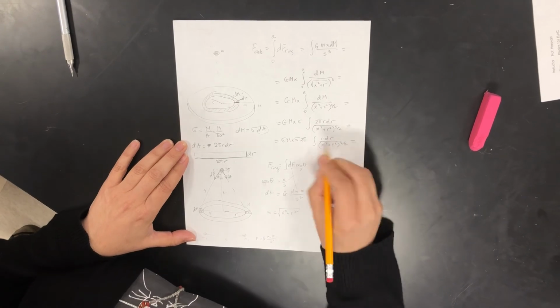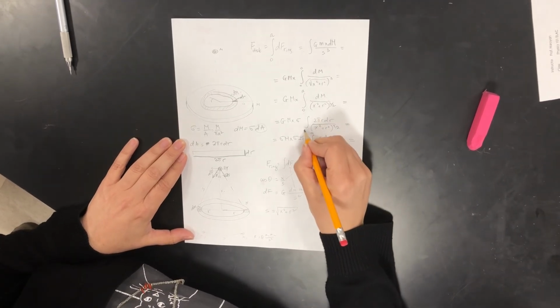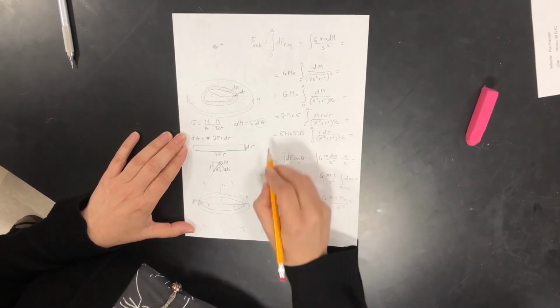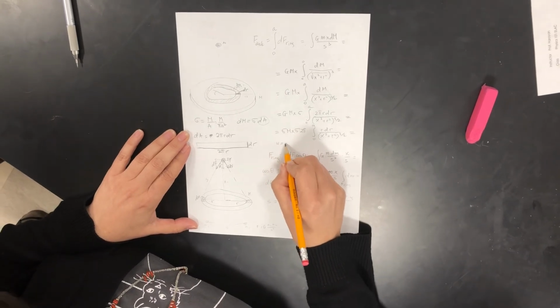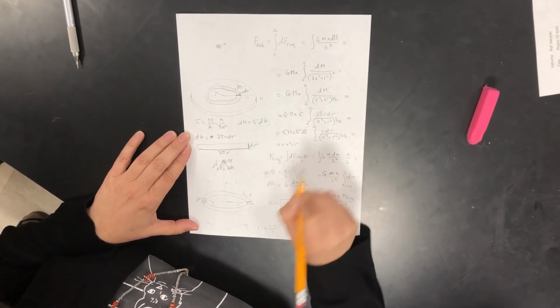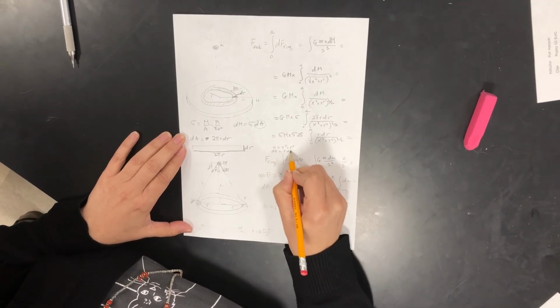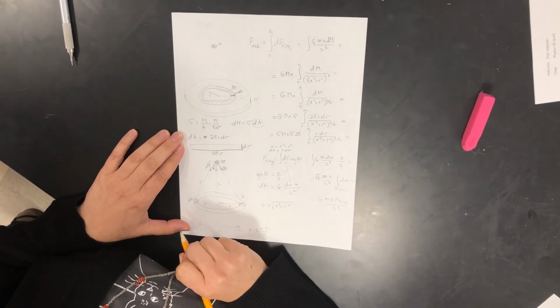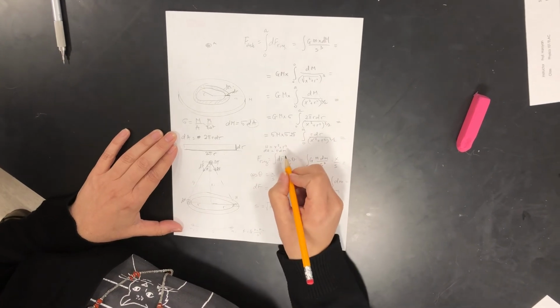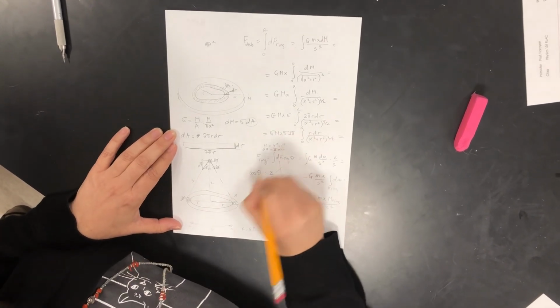I can solve this now, from 0 to a. U substitution: u equals r squared, right? du would be r dr. Is it 2r dr? Yeah, it's 2r dr.